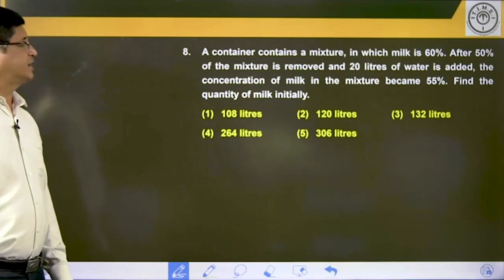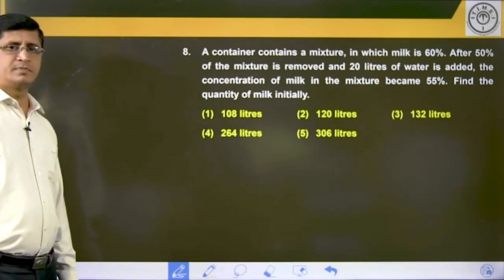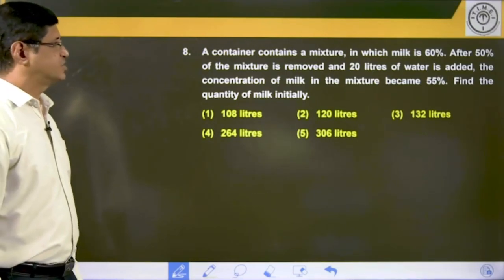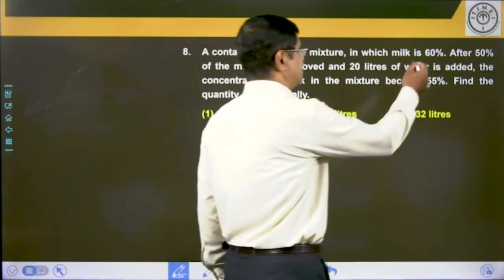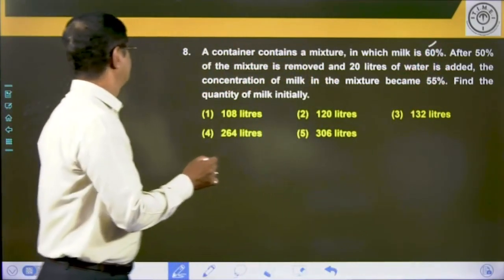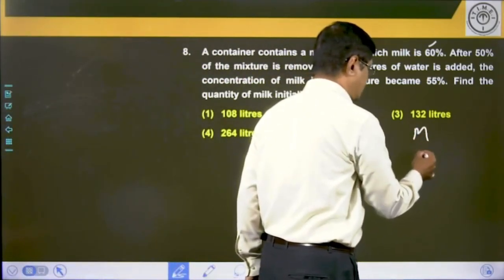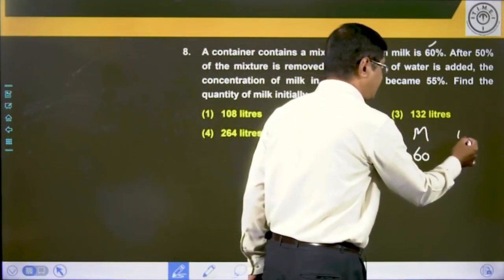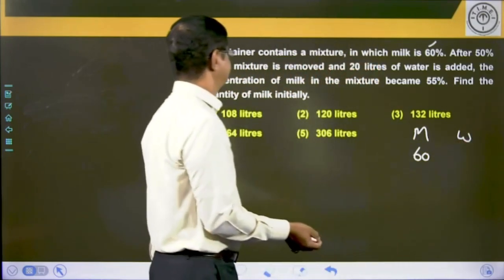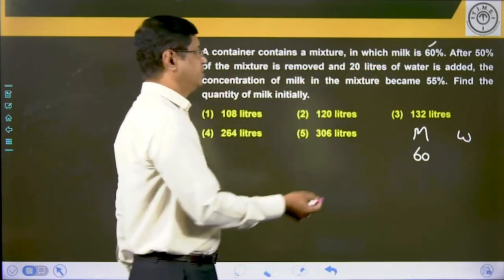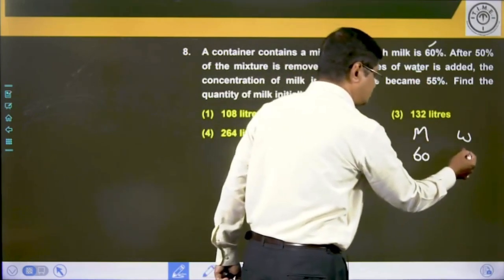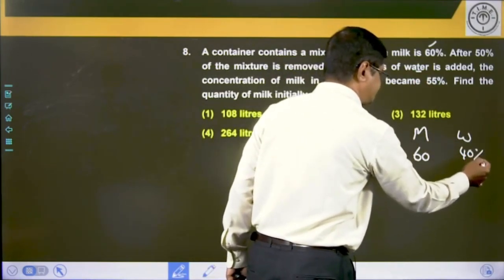A container contains a mixture in which milk is 60%. Milk is given here as 60%. Milk is 60% means the remaining is water. What is the remaining here? Water. So water is how much? 40%.